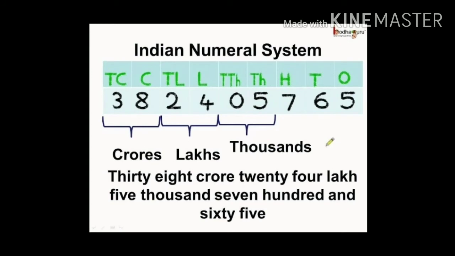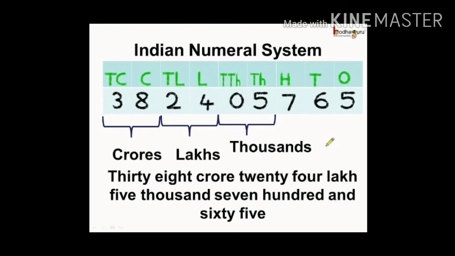Next, the Indian numerical system. In the Indian numerical system, the first 3 digits from the right make the ones or unit period, the next 2 make the thousands period, the next 2 make the lakhs period, and the next 2 make the crore period. We write the numeral by leaving some space or by putting a comma between each period.